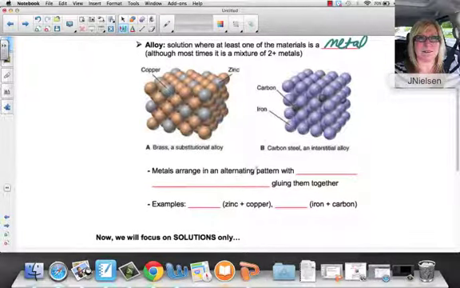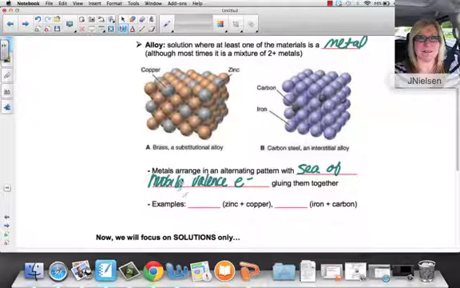So metals arrange in an alternating pattern with a sea of mobile valence electrons gluing them together.